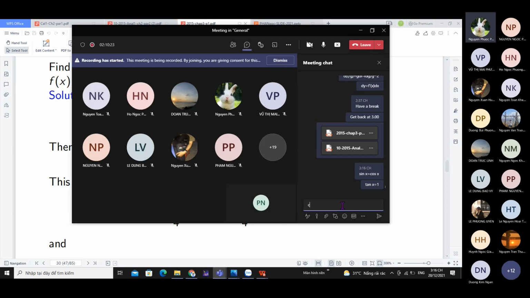Because if cos of x equals 0, then you have got sin of x equals 0 too, right? If x is a solution of the equation sin of x equals cos of x, and if cos of x equals 0, then sin of x equals 0. And that's why you have got sin of x squared, x all squared, huh?